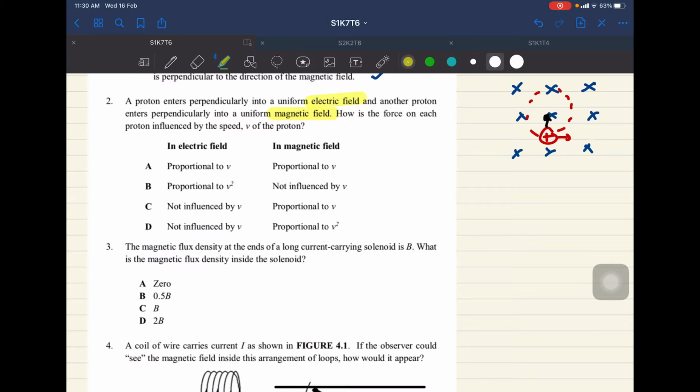You know that the force inside a magnetic field is equal to QVB sine theta, so obviously it is directly proportional to V. So the answer is either A or C. But inside the electric field, if you still remember, F is equal to QE. So it depends on the charge and the electric field, and it is not influenced by V. So the answer here will be C.